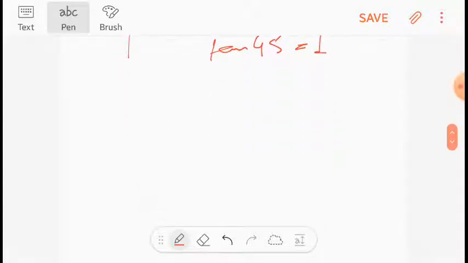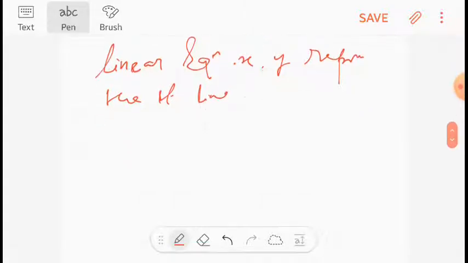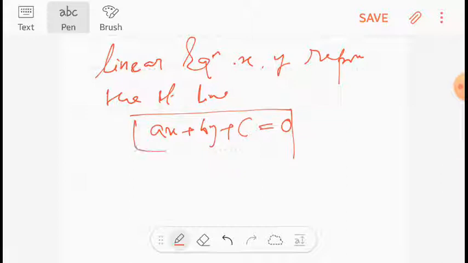So what is the general equation? The general equation of a straight line is nothing but ax plus by plus c equal to 0.